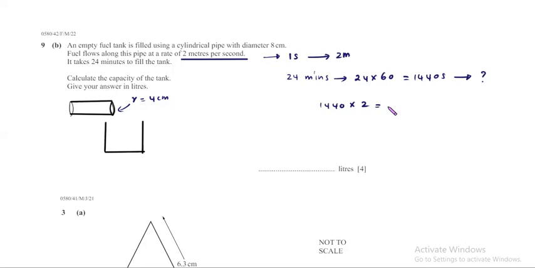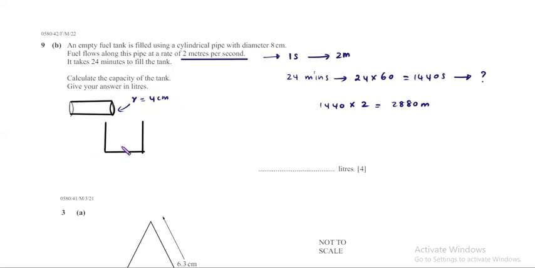When I double that, I end up getting 2,880 meters. It means that a 2,880 meter long pipe that has a radius of 4 centimeters, filled with fuel, is filled into this tank.